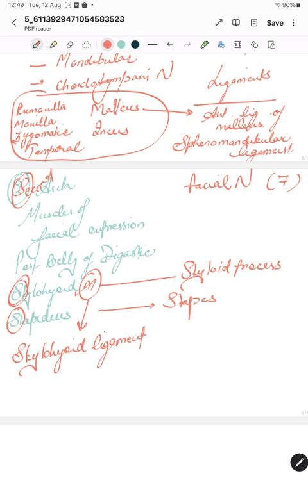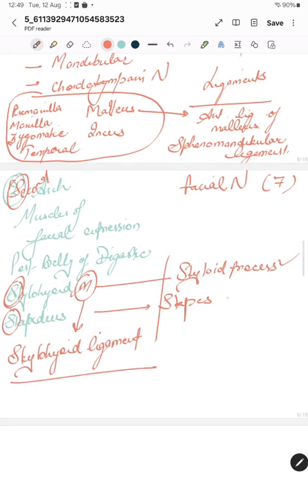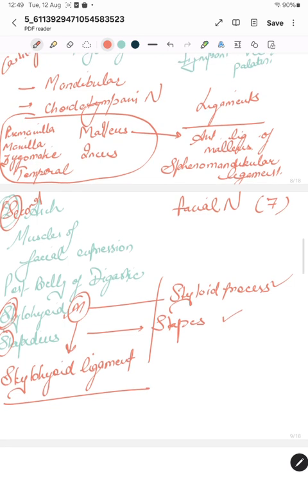When we come to the ligaments also, the stylohyoid ligament. So styloid process, stapes, and a part of the hyoid bone.